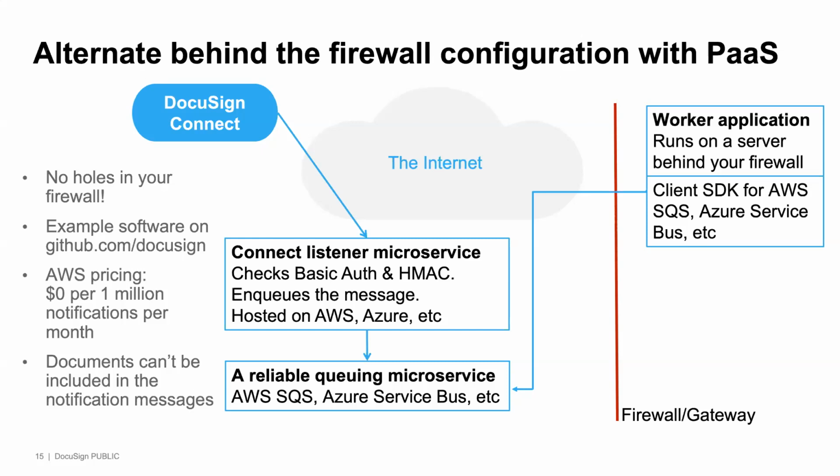And the great news here is that the software developer kits for AWS SQS, for Azure Service Bus, and for Google, et cetera, what they do is they do not wait for a notification. Instead, they go outbound, and ask the queuing service, do you have something for me?